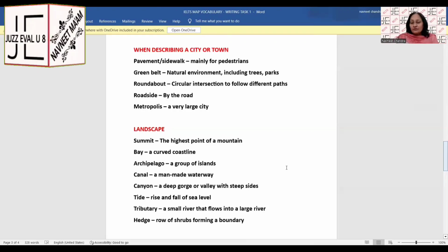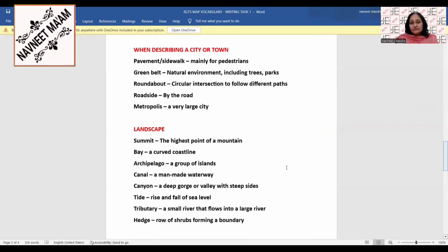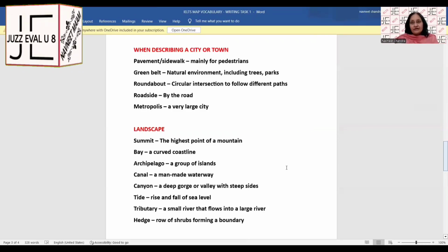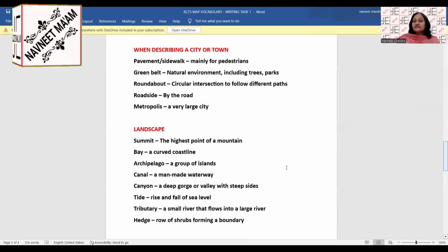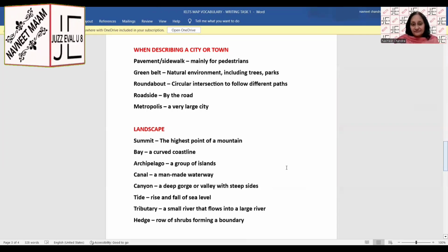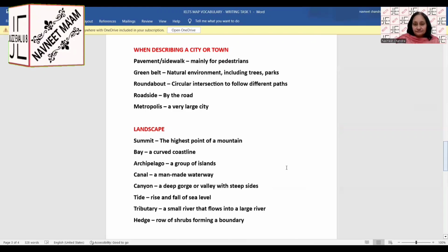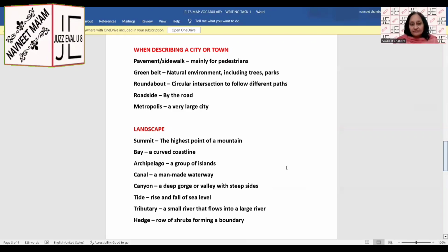Then archipelago, group of islands, canal, a man-made waterway, canyon, a deep gorge, or valley with steep sides, like the Grand Canyon. Then tide, so rise and fall of the sea level.